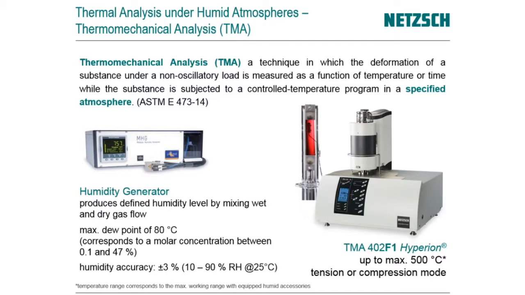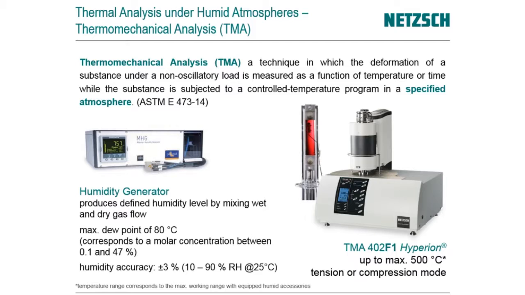The next method is thermomechanical analysis, or TMA for short, a technique in which the deformation of a substance under a non-oscillatory load is measured as a function of temperature or time, while the substance is subjected to a controlled temperature program in a specific atmosphere.